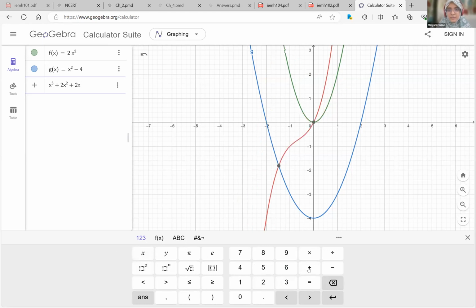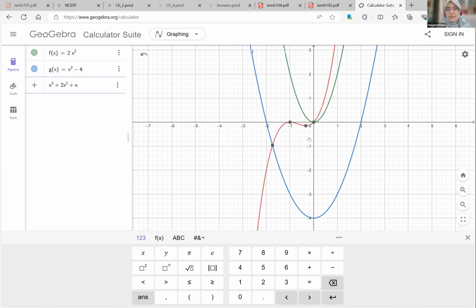I'm just making a random one. Minus, okay, this is not going to help. This should be 4x, I think. Nope, just x. Yeah, better.